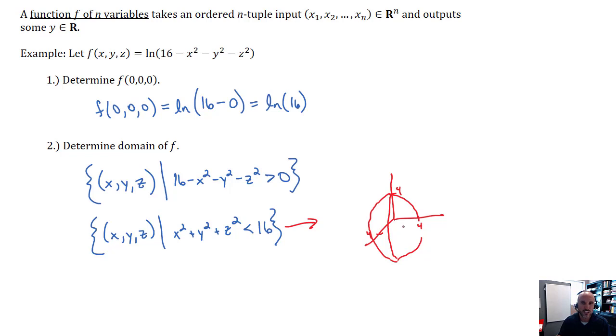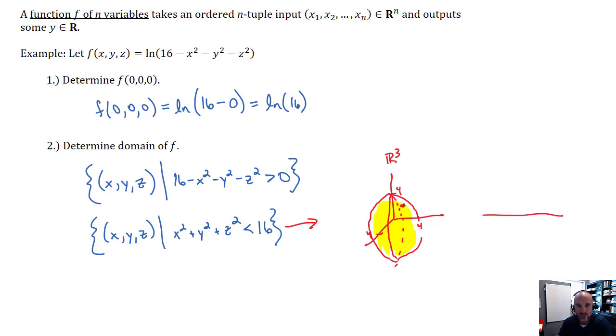It's a sphere of radius 4 in 3 dimensions, and all the points within that sphere will be valid inputs to this function. Now the hard part is if you want to graph it, you'd have to graph it in 4 dimensions, because you'd have your 3 inputs from R3 and you'd have to plot it to a point that is your output. So that's difficult. Instead, it's better to think of, here's R3 and our domain is all the points inside the sphere.